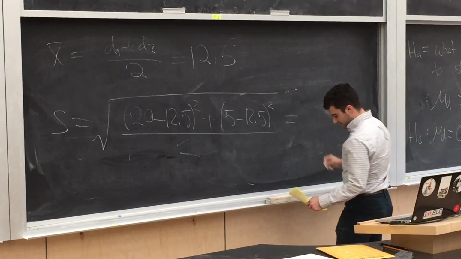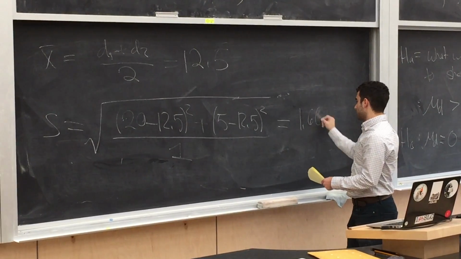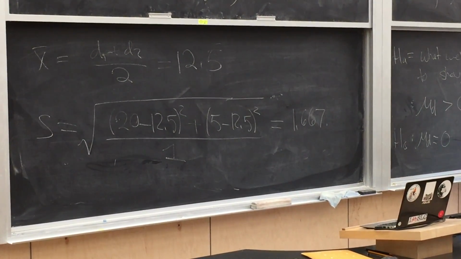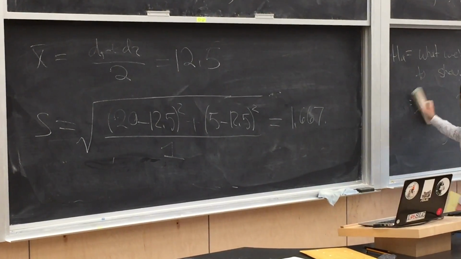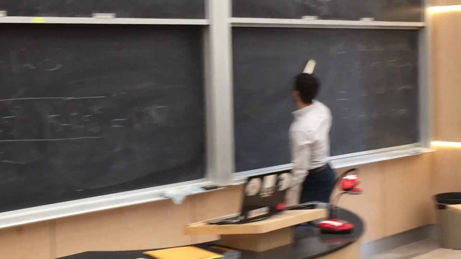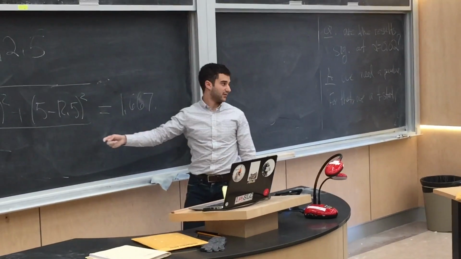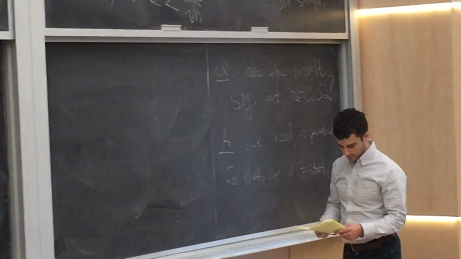If you plug this into your calculator, you get 10.607. Now we're almost done. Are you going to give us that formula? Yeah, you'll get the formula for standard deviation, and all the formulas we use today.